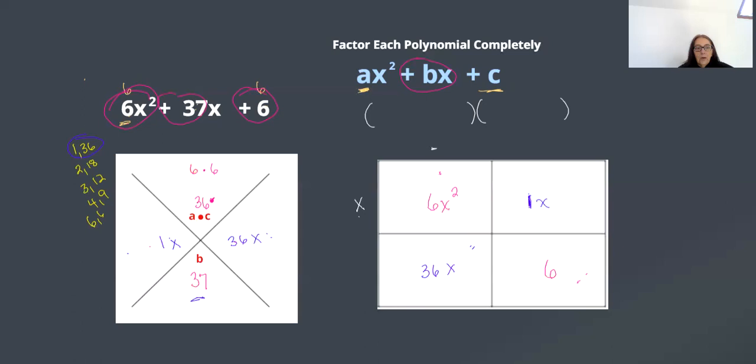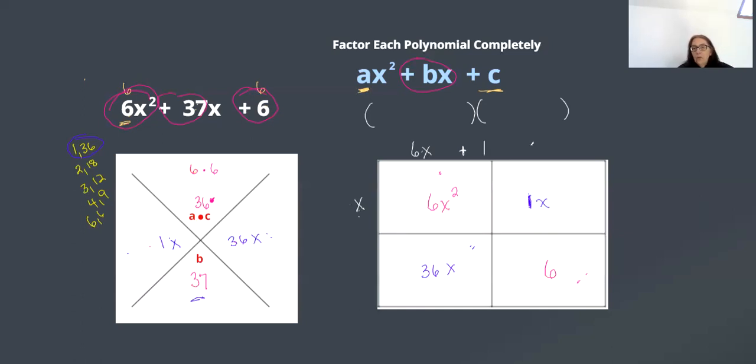Well, x times 6x is 6x squared. So I'm going to put a 6x here. And then I've got a positive here, right? So I'm going to put a plus up here. X times what up here is 1x? Well, x times 1 is 1x. So I've got my first factor.